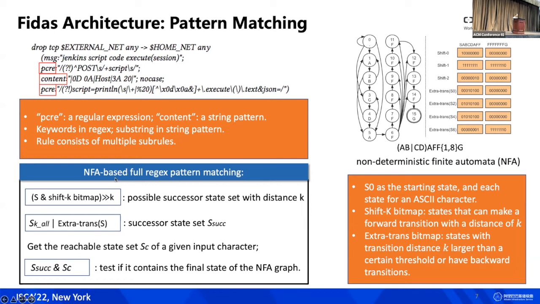With this bitmap and the graph here, we can do the NFA-based full regular pattern matching using these steps. First of all, you shift the shift-K bitmap by K distance, and you get the possible successor states with distance K. And you also use logic OR operations to consider all the backward transitions and also the transitions that have a larger distance than K. The final step is you take the reachable states and AND this with the successor states to see if the final set contains a final state of the NFA.